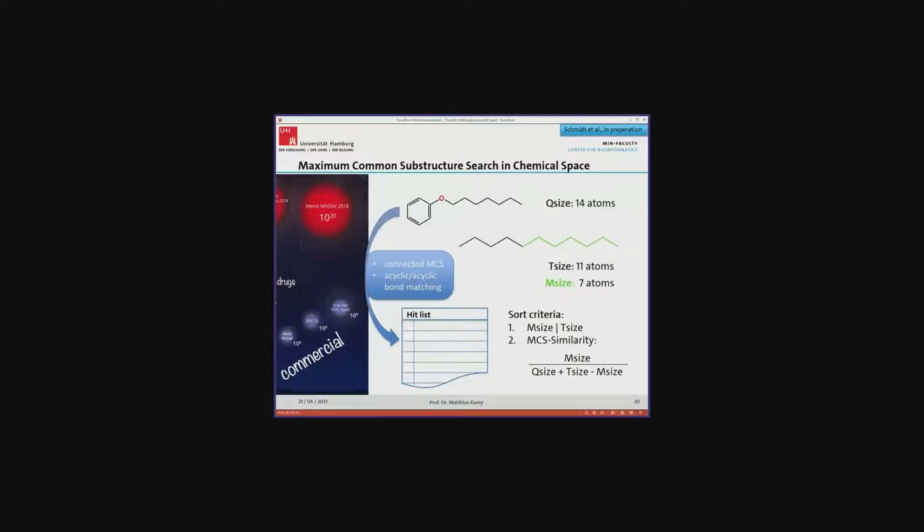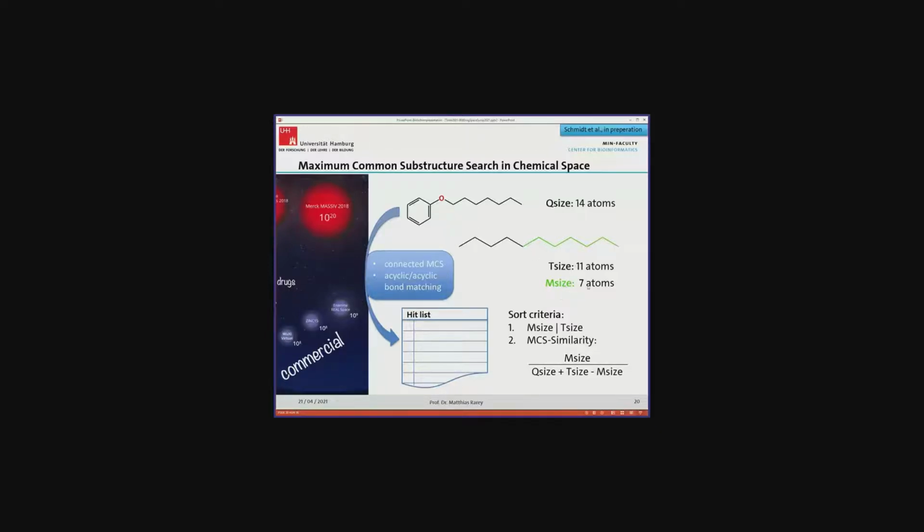To explain the similarity measures we are using, we are counting atoms here. So we have the molecule with 14 atoms as a query. If this molecule, this pure alkyne chain, would be in the database, which it is not, but in case it would be, you would have a matching size of 7 atoms, which would be this chain part, and then a target size, or the size of the molecule in the chemical space, of 11 atoms.